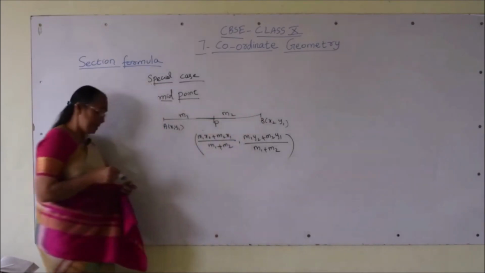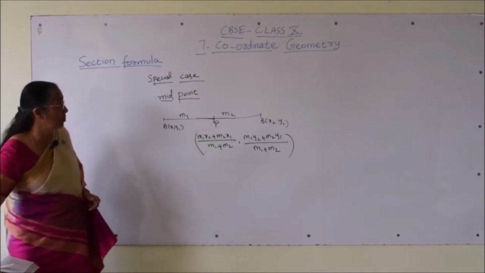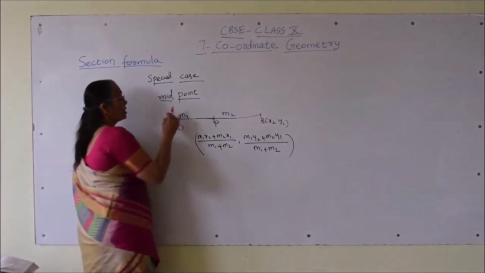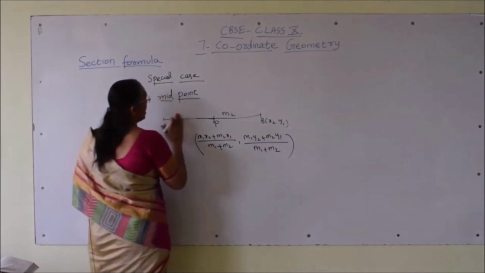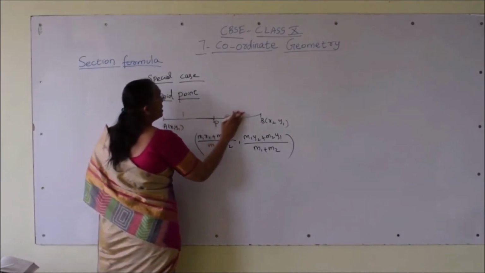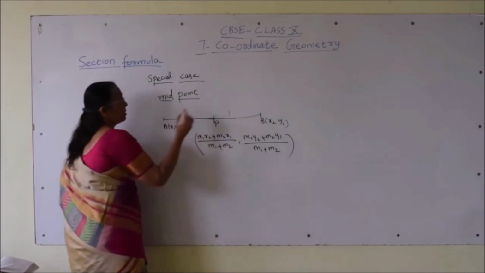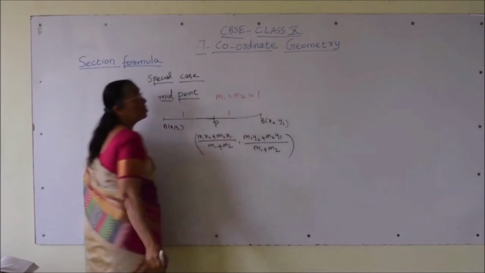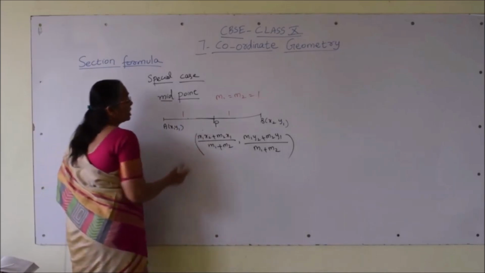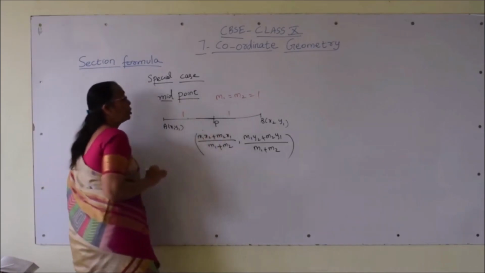So, what happens if P is the midpoint? m1 and m2 are the same, so the ratio will become only 1 is to 1. So, we can equate m1 equal to m2 equal to 1. Substitute here in the place of m1 and m2 as 1.